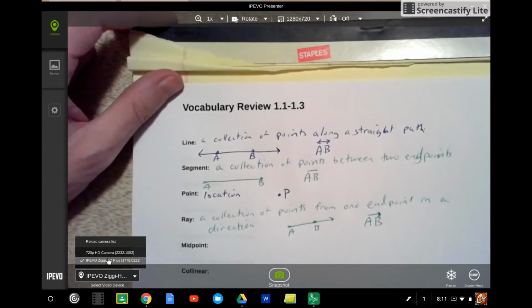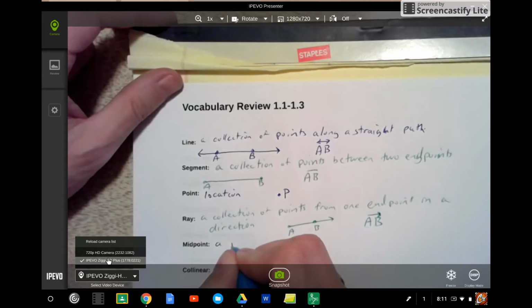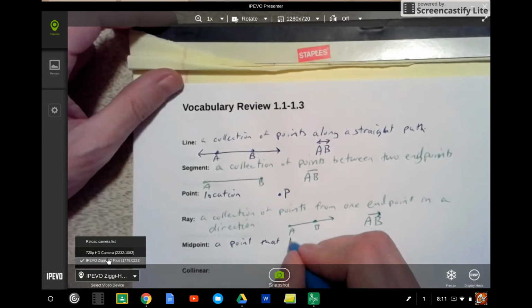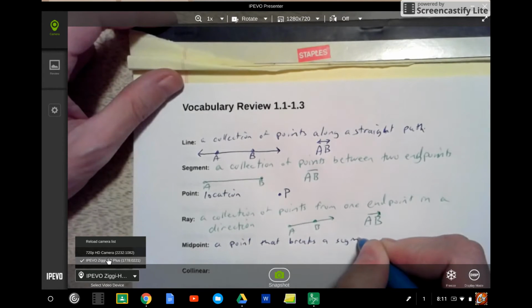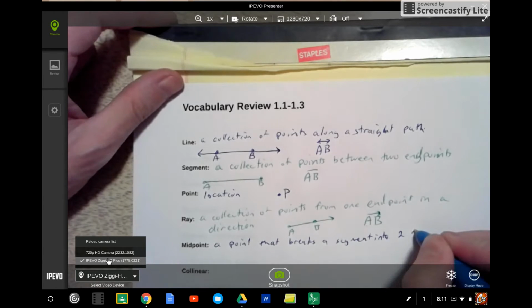Okay. Midpoint is a point that breaks a segment into two congruent, I'll use the congruent symbol here, segments.